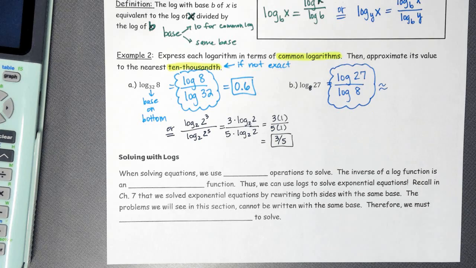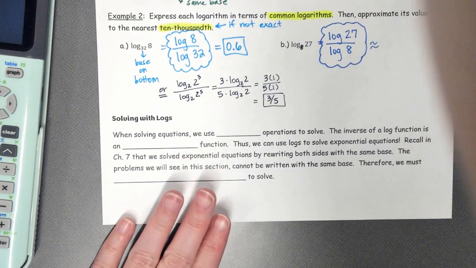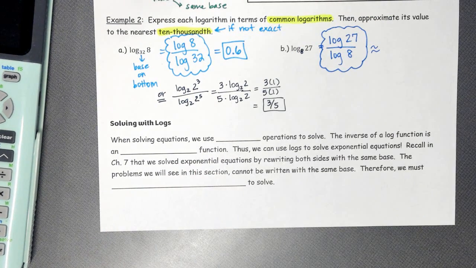Okay, so I'll give you a minute to do that. And then you can read through this part here. Okay, and then you're rounding to 4 decimal places.